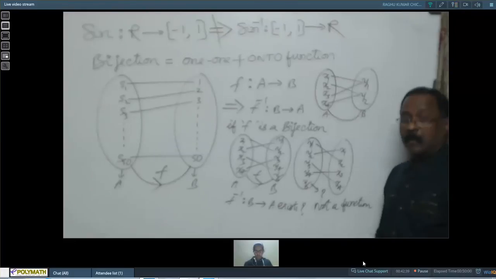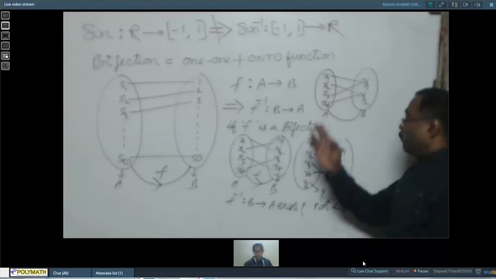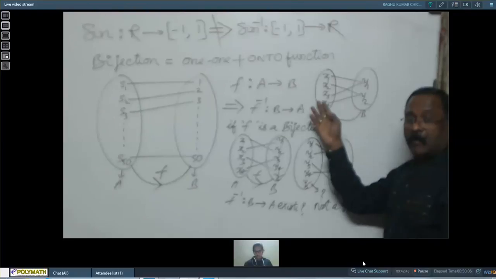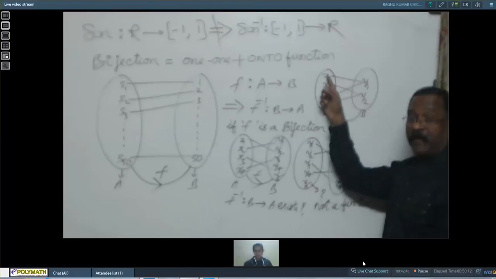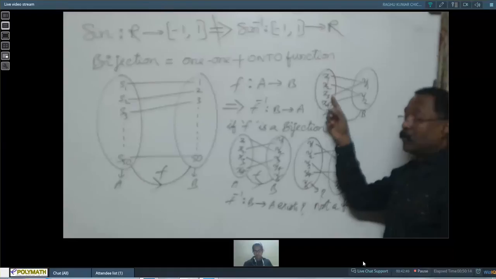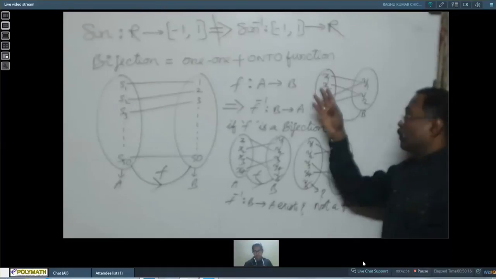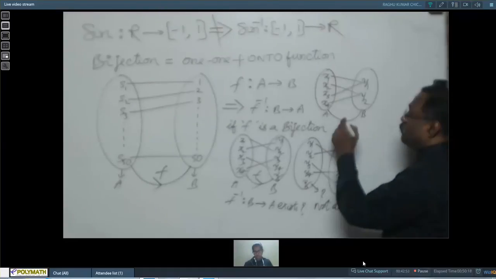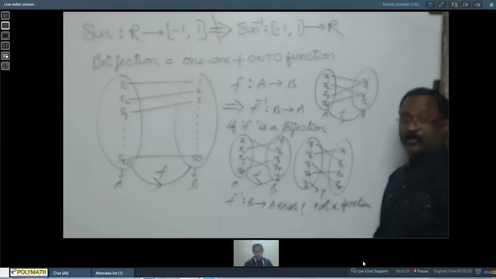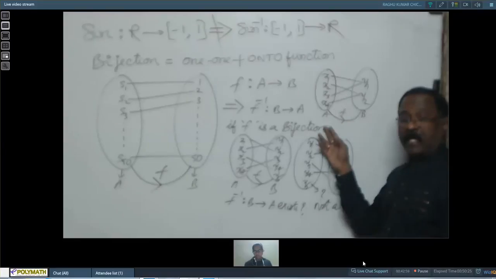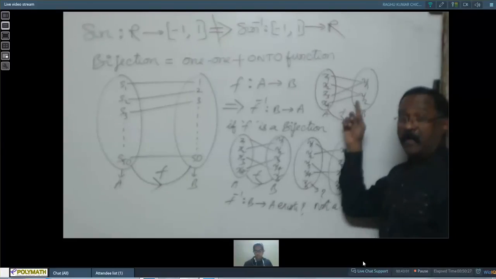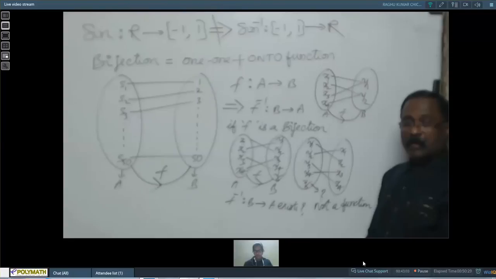It is a function because every element in the domain has a unique image. F is said to be a function if to every element of set A exactly one and only one element is mapped. It is a function only. You tell me whether it's an onto function or not.